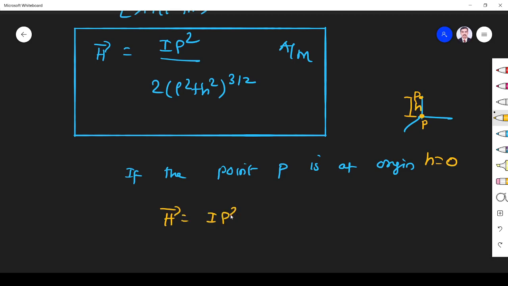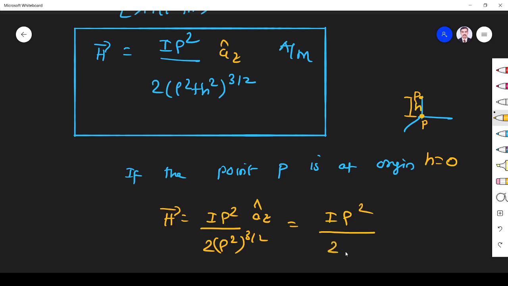I rho square divided by 2 squared whole power 3 by 2, that is 2 power 3. So I rho, sorry, A is a vector here, right? A is a vector. I rho square divided by 2 rho cube A z.